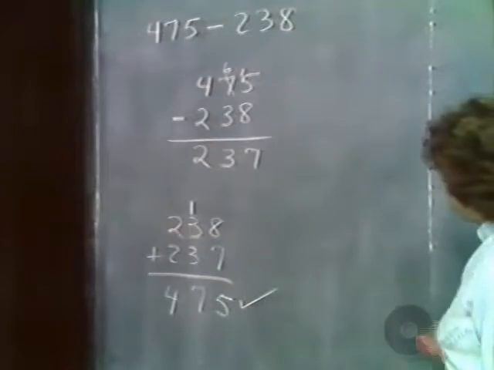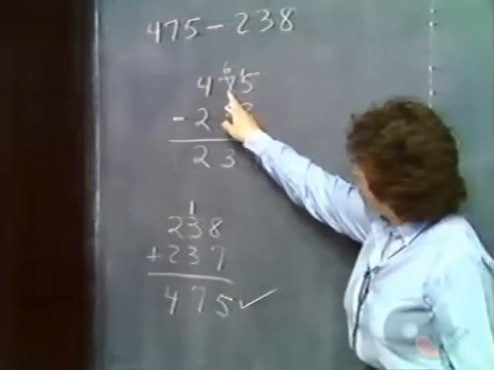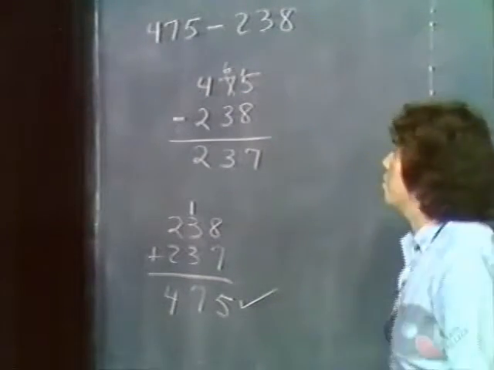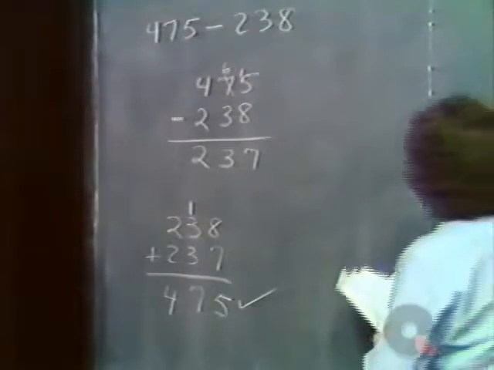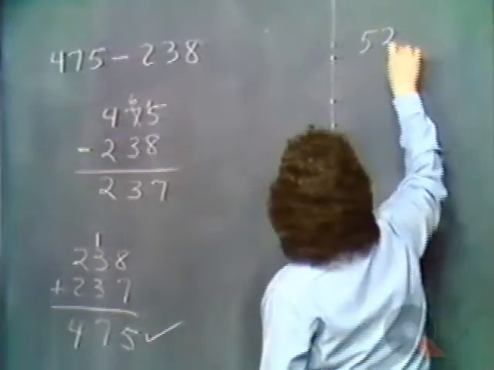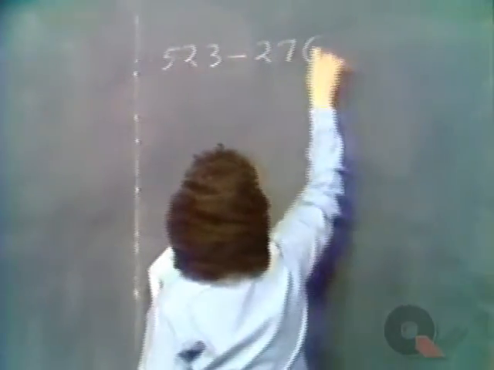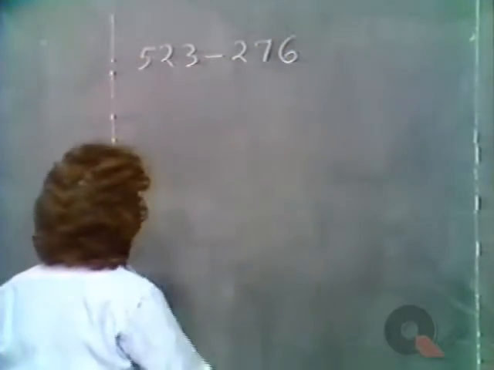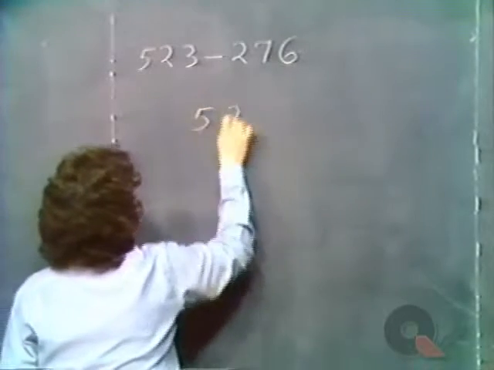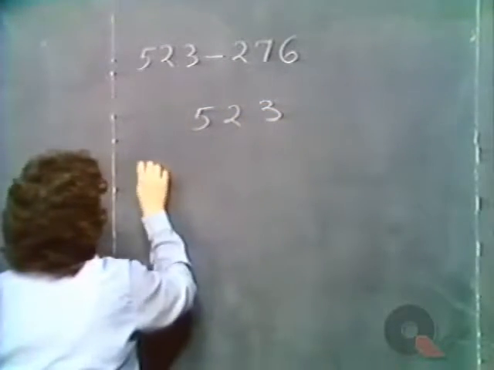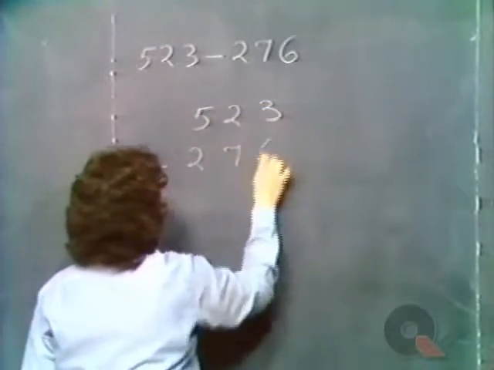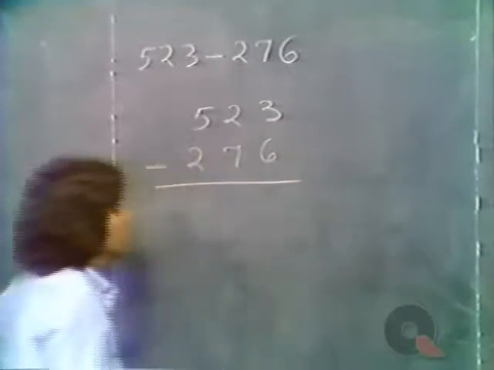Now, in this case, we only had to borrow once. Sometimes it has to be done more than once. Let's try another problem. 523 take away 276.